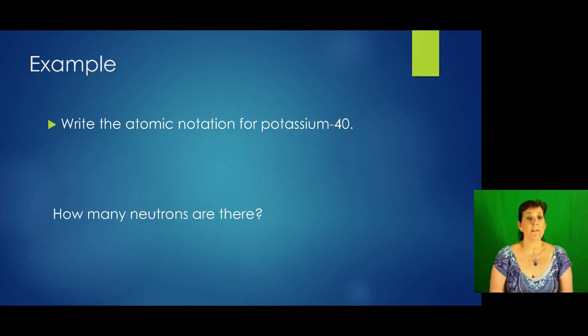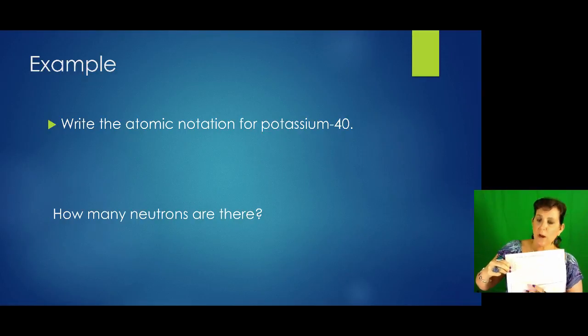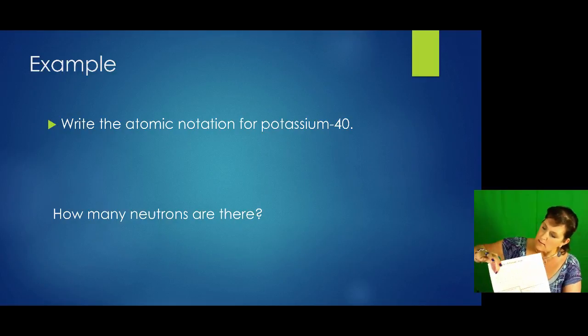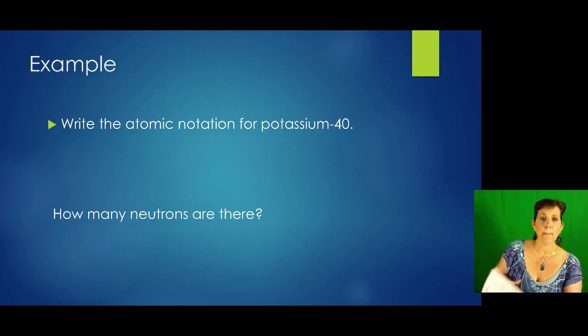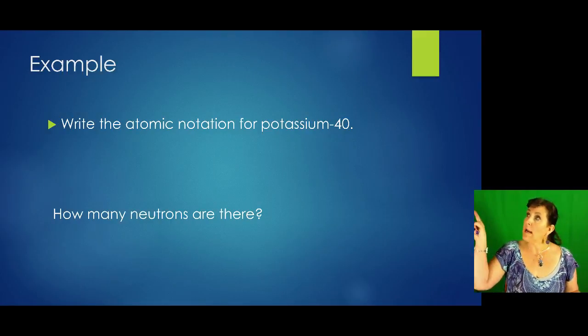Here's an example. Let's write the atomic notation for potassium 40. You should know what potassium is. Potassium is what symbol? It's a K. Let's find K. There it is. So what's the proton number? Proton number for K is 19. And I gave you potassium 40.